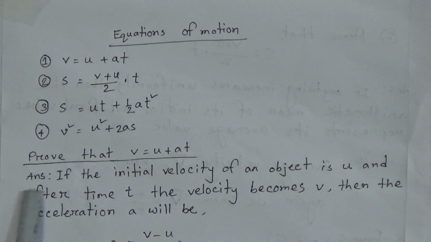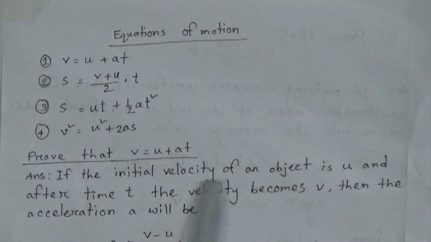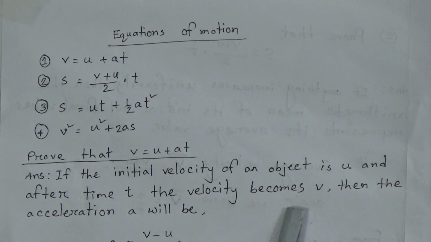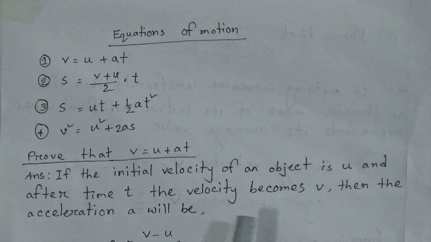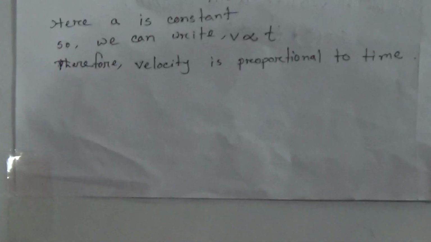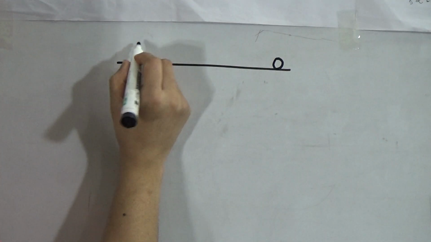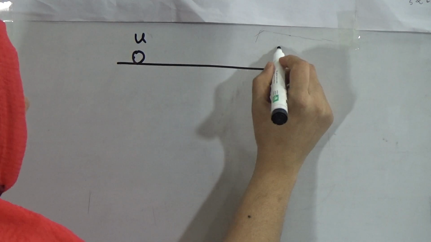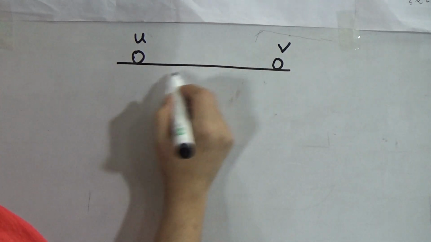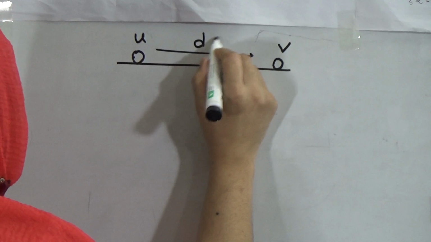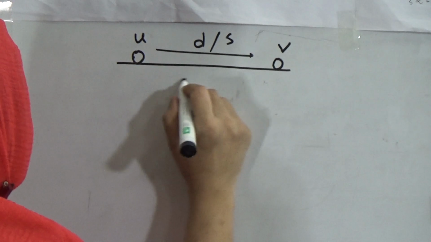If the initial velocity of an object is u and after time t the velocity becomes v, then the acceleration will be, my dear students, see, suppose this is the object, and the initial velocity is u and the final velocity is v, the distance is s, and the time is t.